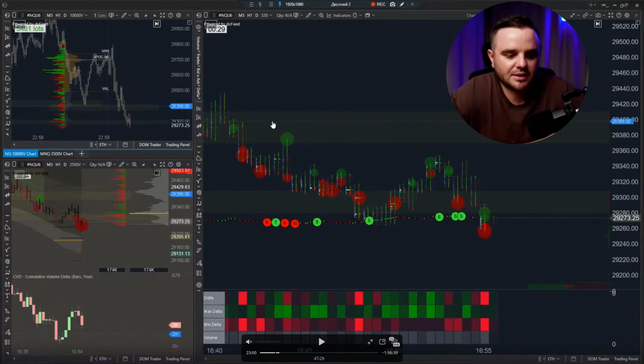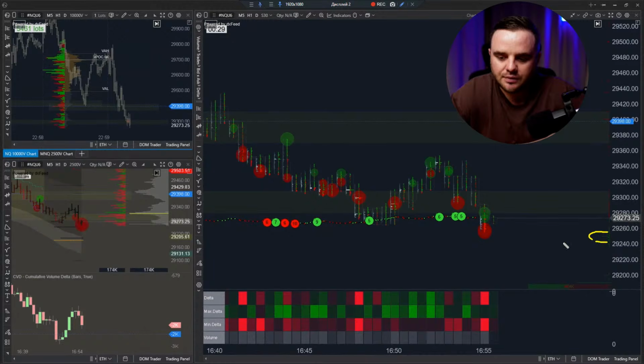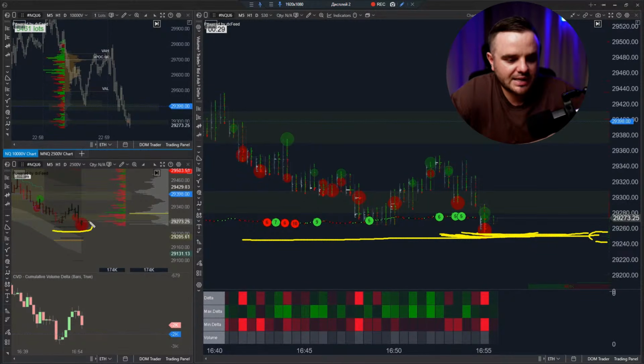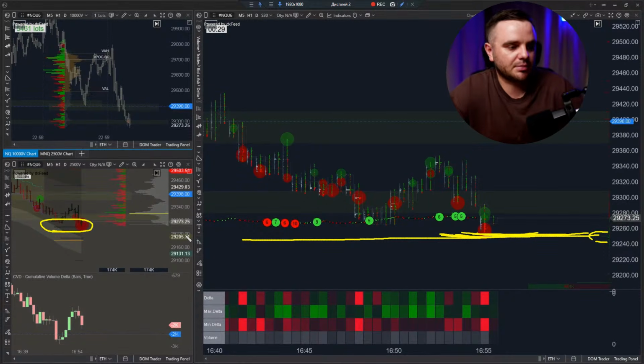Remember that significant order at 29150? As you can see, price stopped exactly before it. Exactly here, as you can see, price stopped.